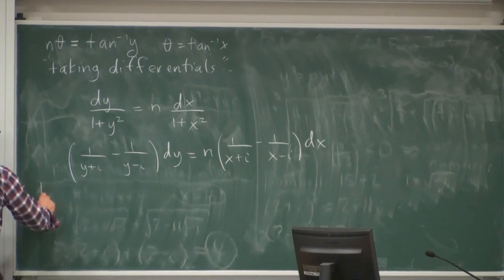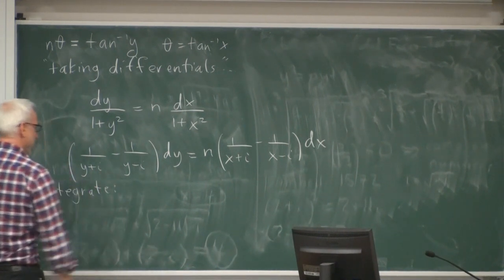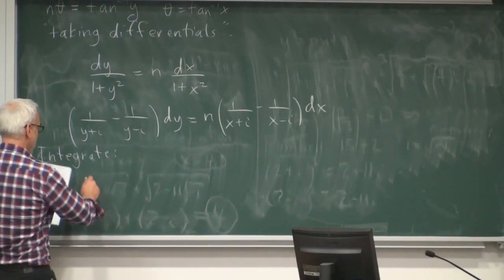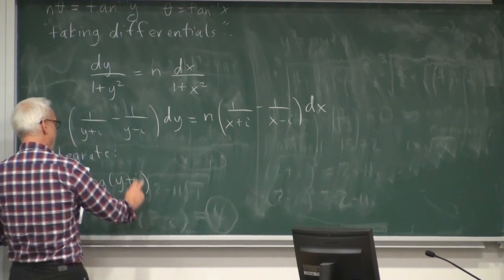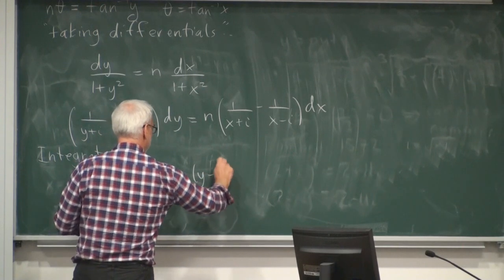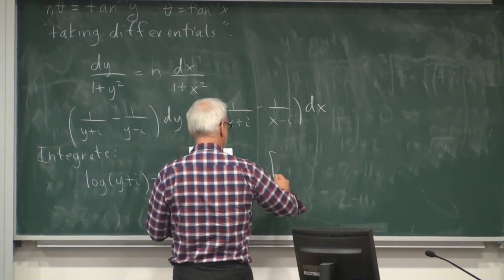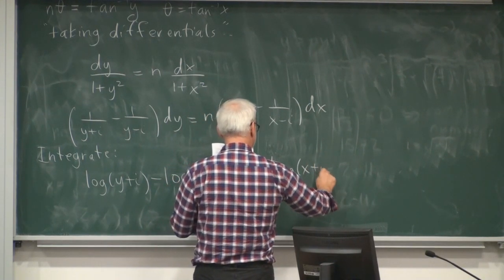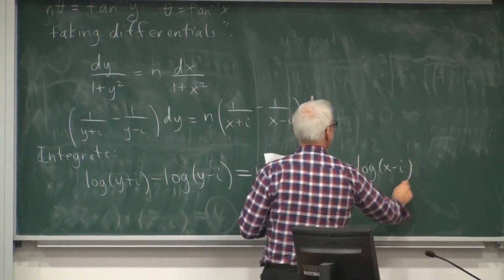And then integrating, we get log of y plus i minus log of y minus i equals n times log of x plus i minus n times log of x minus i.